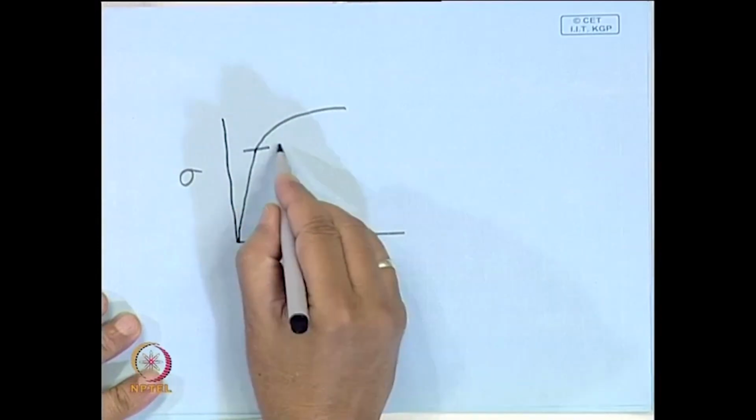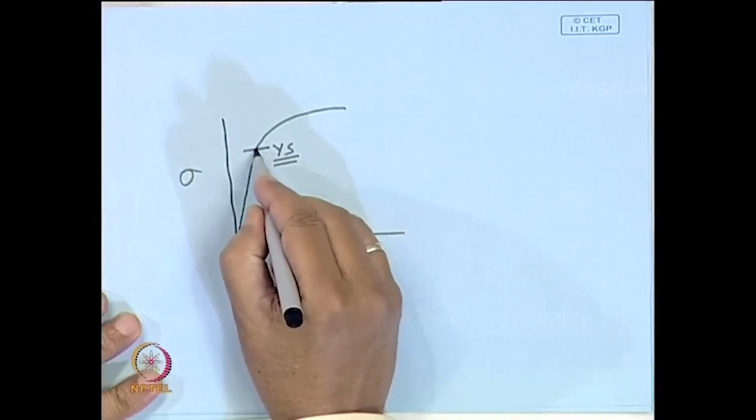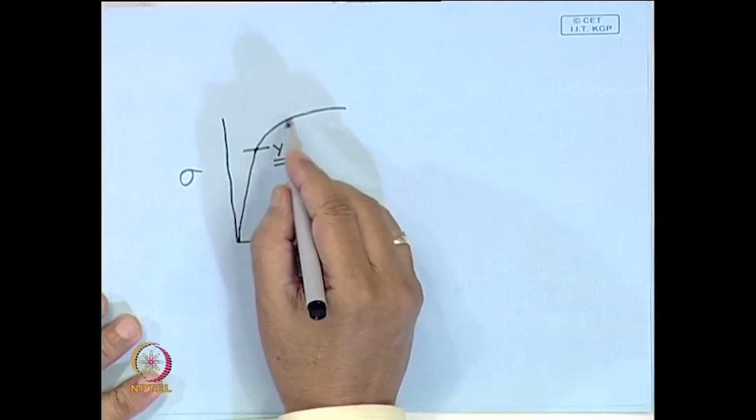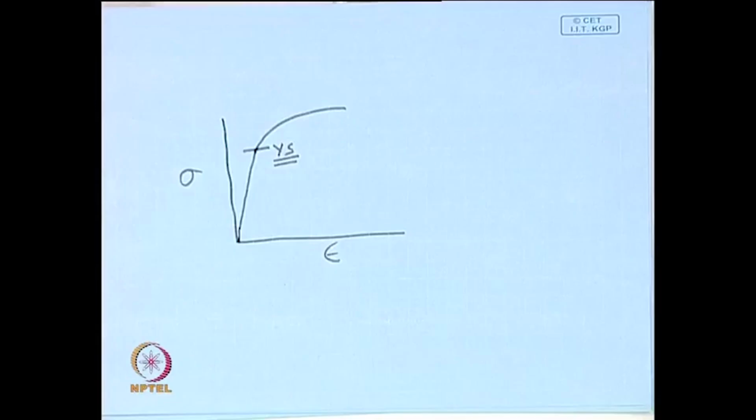So, there is a stress called yield stress or proof stress. We say that if you exceed this, then there is a permanent deformation. And so, a similar thing is there in case of single crystal as well.